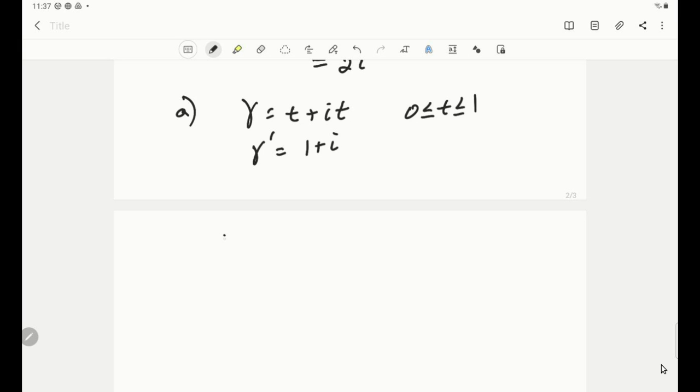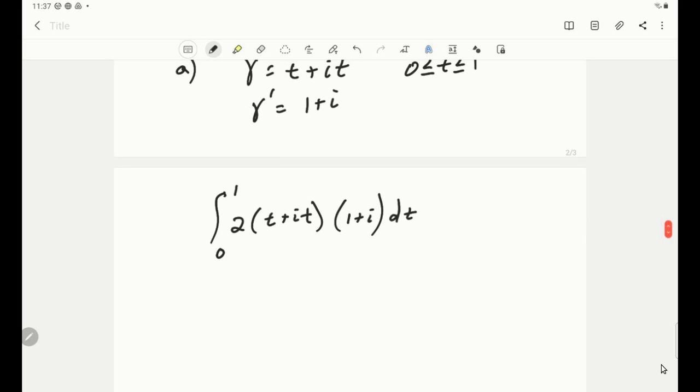I want the integral from 0 to 1 of 2 times gamma, so t plus it, because it was 2z, and then times gamma prime 1 plus i dt. So this is equal to 2 times 1 plus i times that integral from 0 to 1 of t plus it dt.